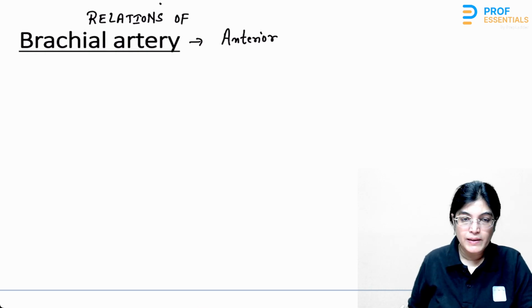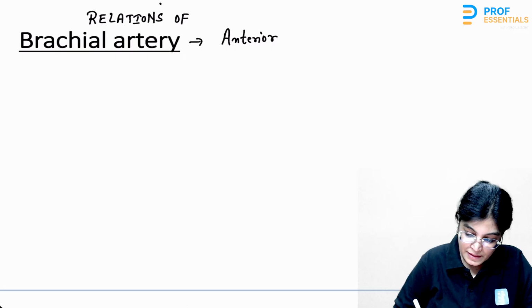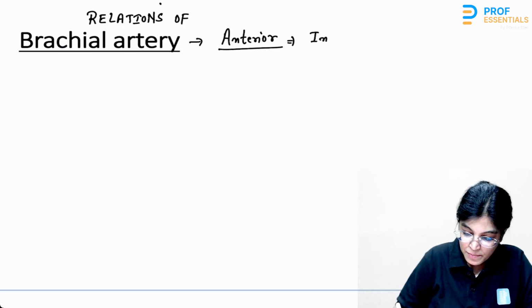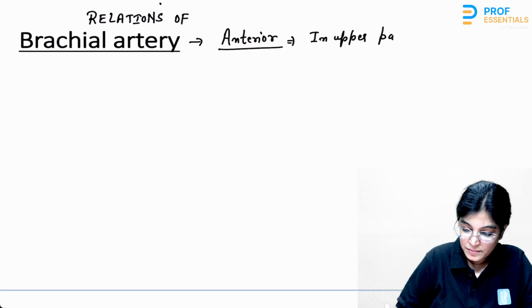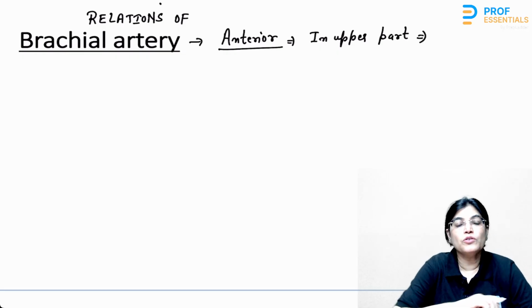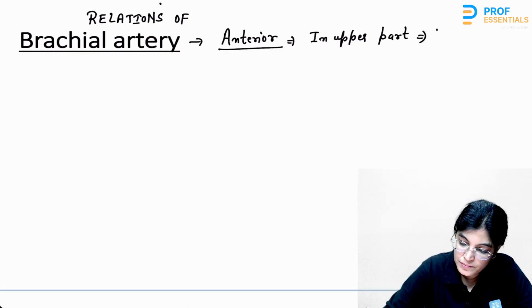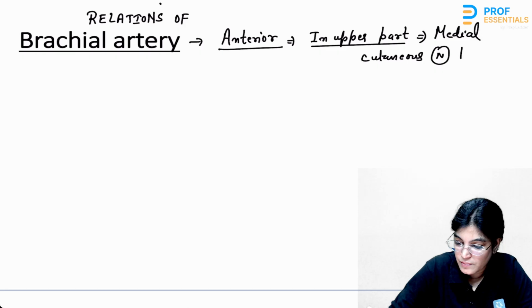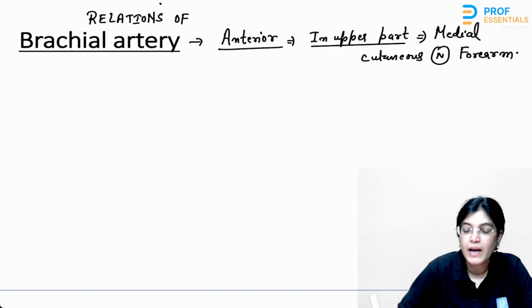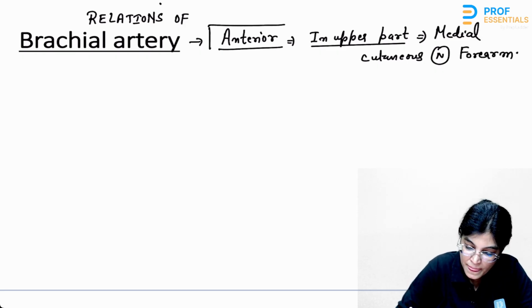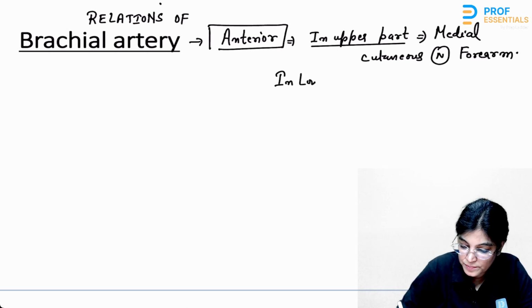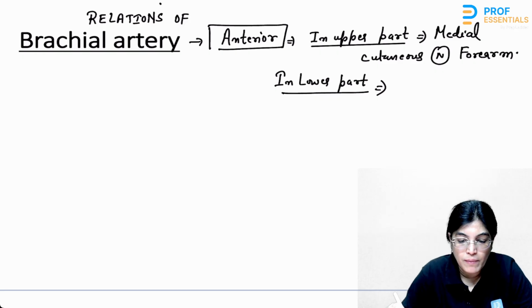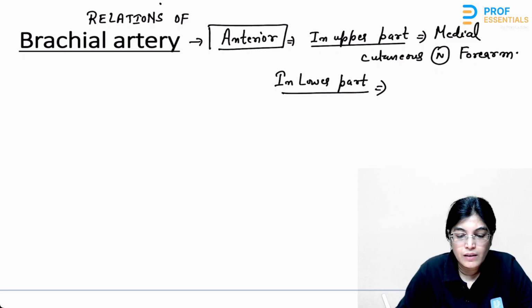So on the anterior aspect, in the upper part, it is related to the medial cutaneous nerve of the forearm.